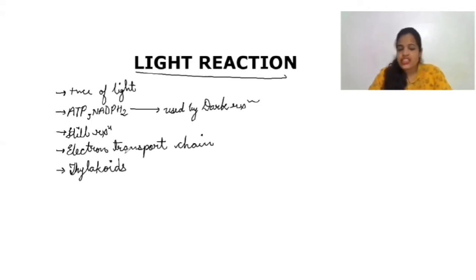So, in these thylakoids, pigments are present. Those pigments trap the photons of the light and then they help in the ejection of electrons, causing this complete electron transport chain. So let me first show you what these thylakoids are, as you have already seen the thylakoids in your cell biology unit.